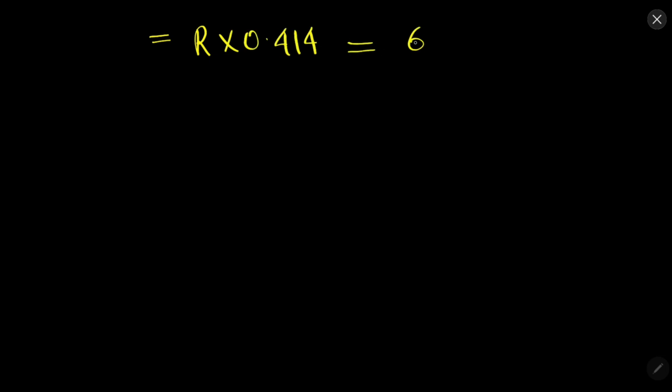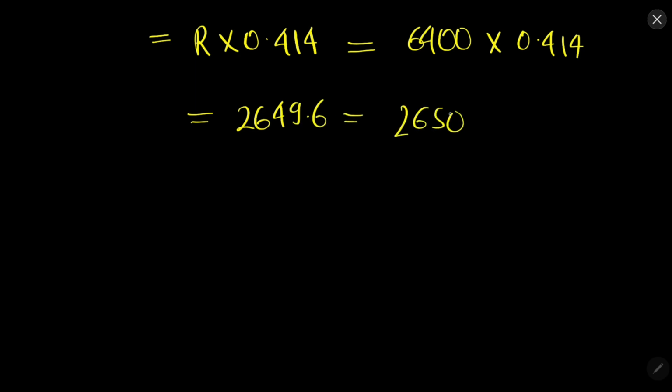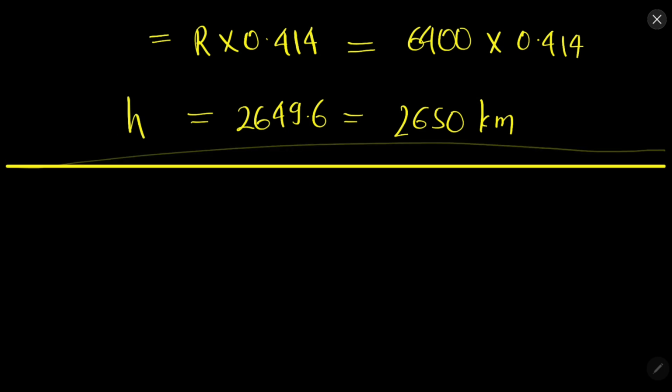So radius of earth is 6400 kilometers, so into 0.414, it will give us 2649.6, approximately 2650 kilometers. So height should be approximately this much.